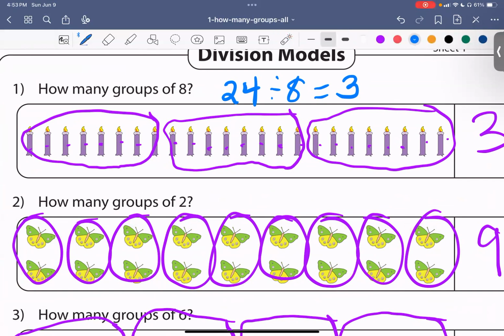So 18 divided by 2, because we made 2, we cut the 18 by 2, and we got 9 groups. So 18 divided by 2 is equal to 9.